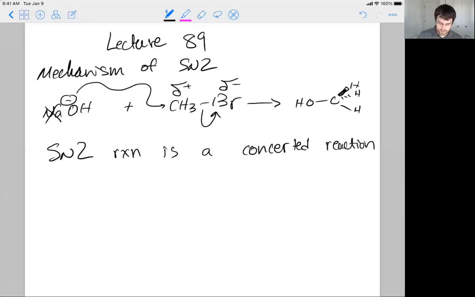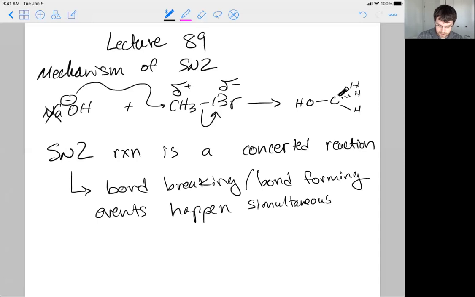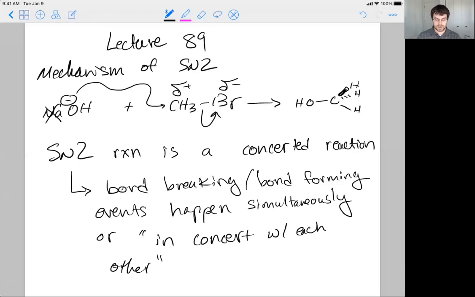What this means is that bond breaking/bond forming events happen simultaneously, or, quote, in concert with each other.